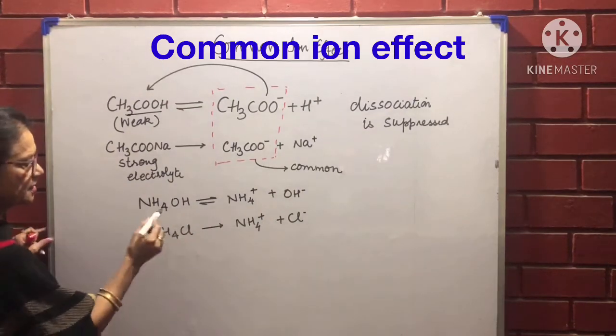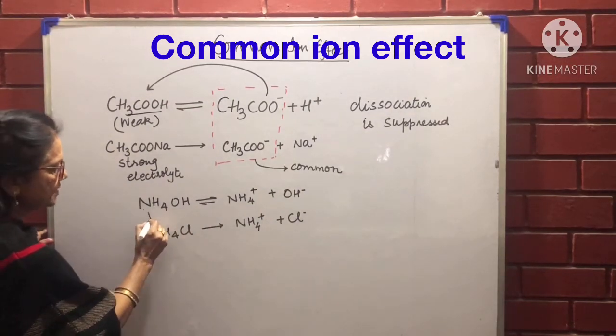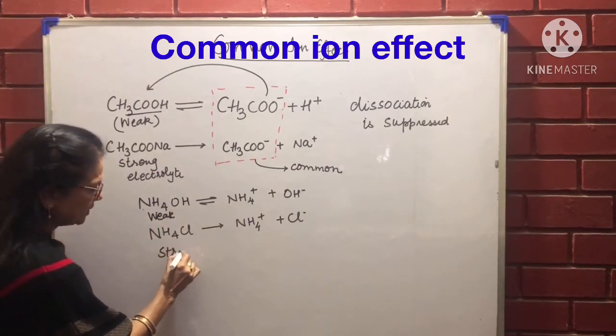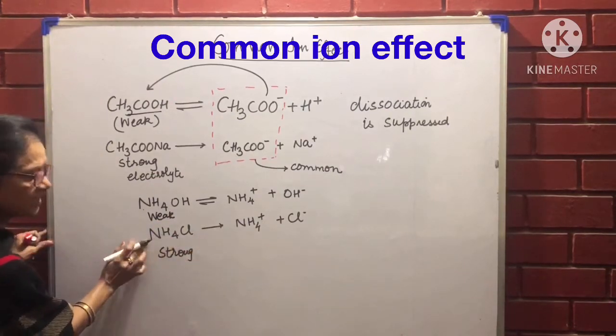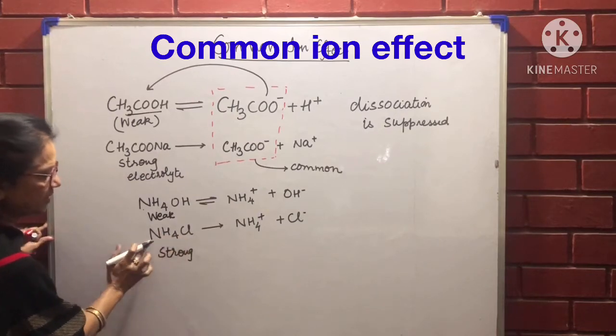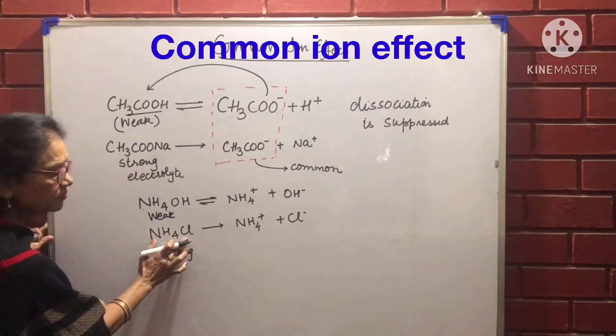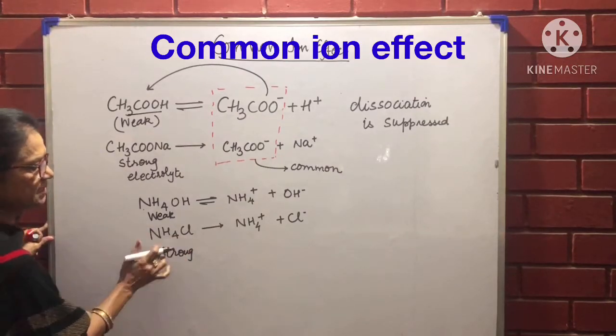Similarly here, if I add to ammonium hydroxide, which is a weak electrolyte, a strong electrolyte, because this is a salt made from HCl, this is chloride, so salt made from chloride. So it is a strong electrolyte.